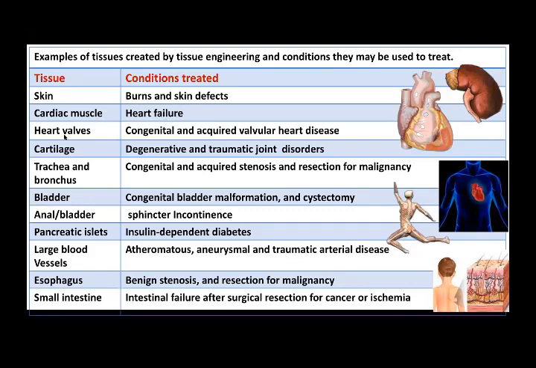They've created tissue constituents of heart valves, in such conditions, where congenitally acquired valvular heart disease, cartilage, degenerative and traumatic joint disorders, trachea and bronchus. We saw a picture of this earlier. So, congenital acquired stenosis, resection for malignancy, right?